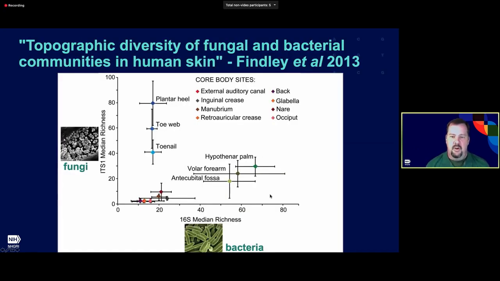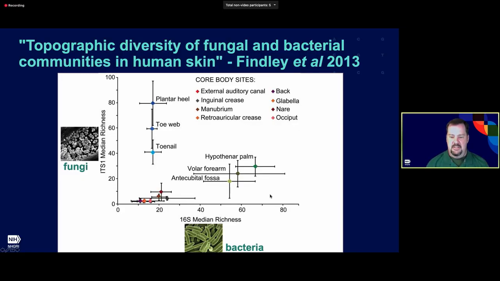This is just another quick example of a study that we did looking at the interplay between fungi and bacteria on the human body. In this example, what you're looking at is essentially richness, which, when I was showing you earlier, the Chao1 estimator, this is a similar idea. It's how diverse are the fungi or the bacteria on the body.